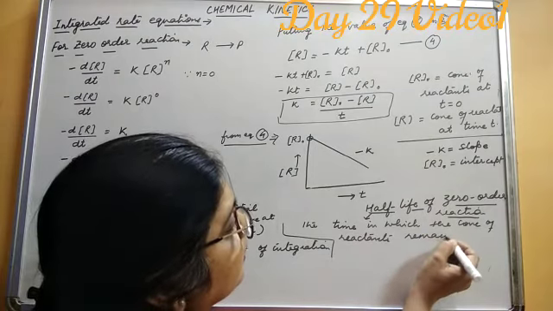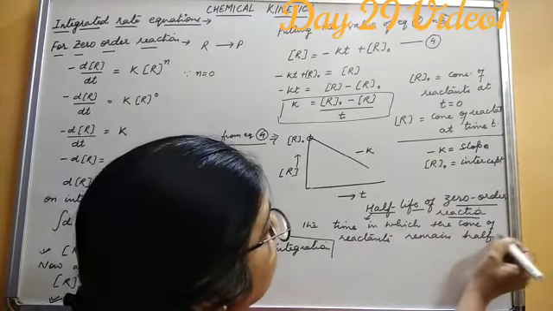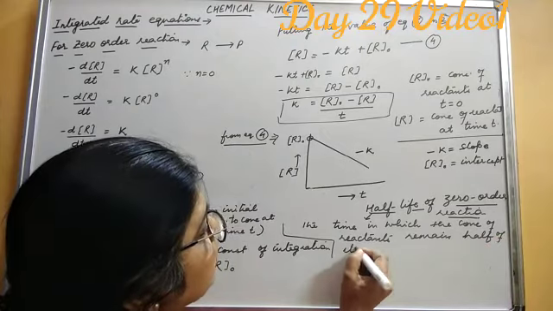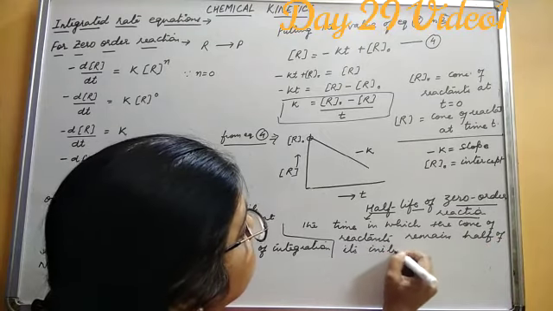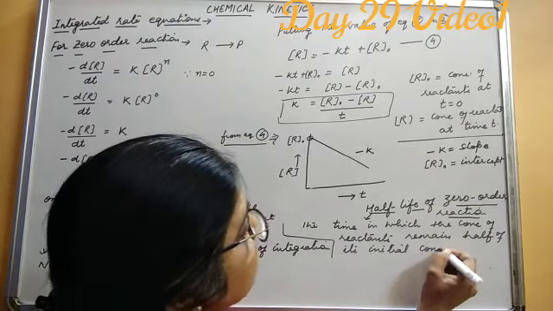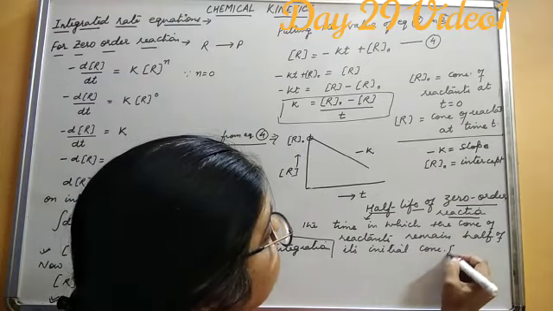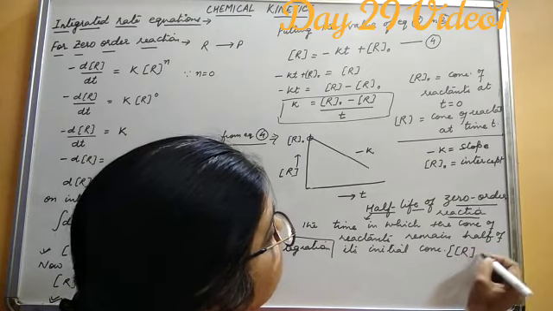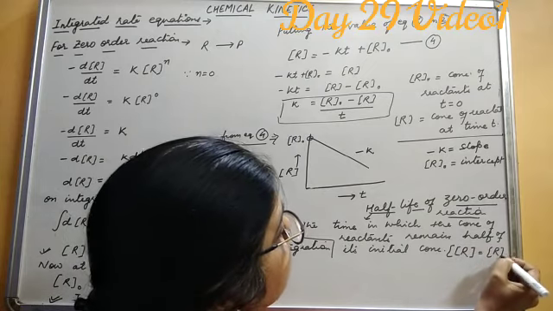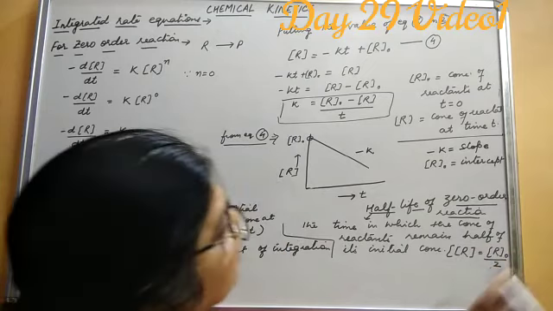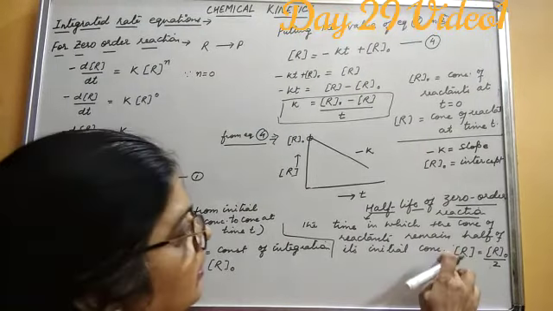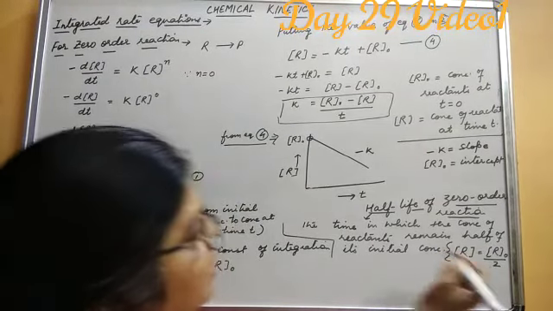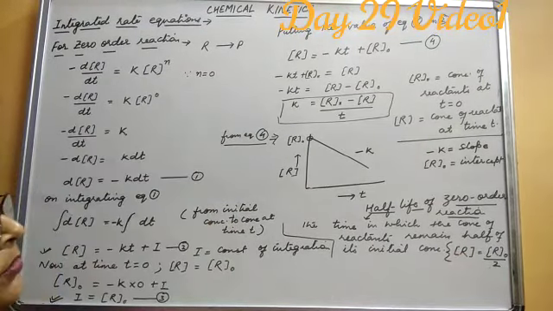Mathematically, at half-life the concentration will be half of the initial concentration, so in half-life time the concentration will be written as R0 upon 2.